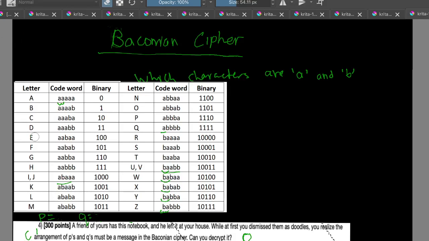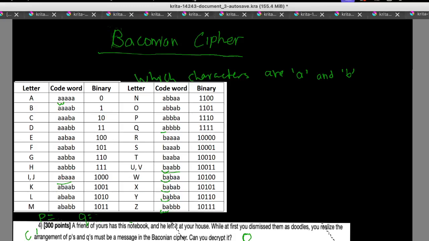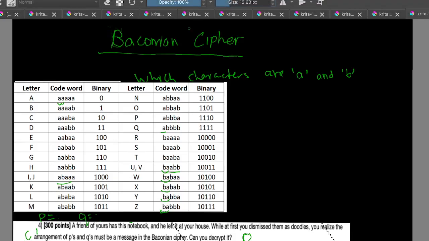What I mean is, if you look at the ciphertext here, which is what is given to you, it is presented in a binary pattern, where the A's represent zeros and the B's represent ones.